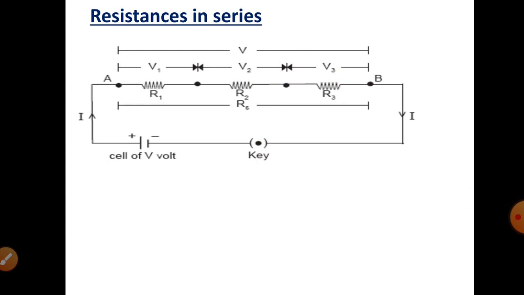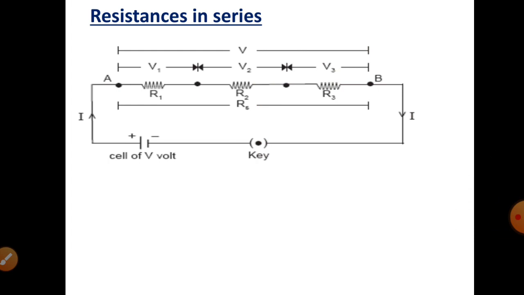So when the key is closed, current I starts to flow from the positive terminal of the battery to point A, and from A to B the current passes through R1, R2 and R3. Therefore, the current I is the same through each resistance, but the potential V splits into three parts depending upon the values of R1, R2 and R3.